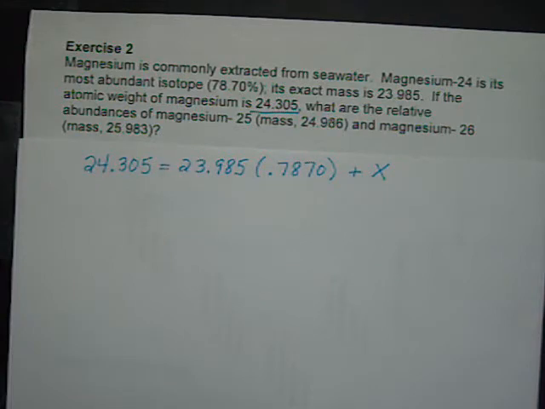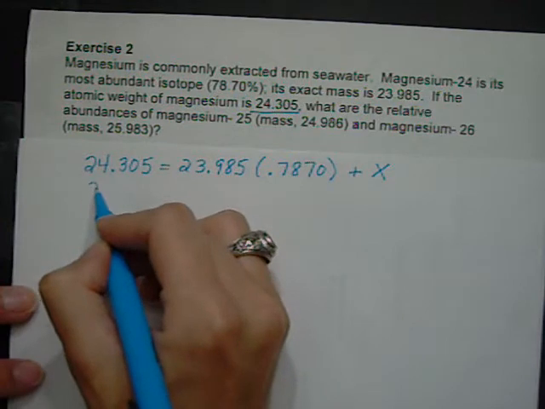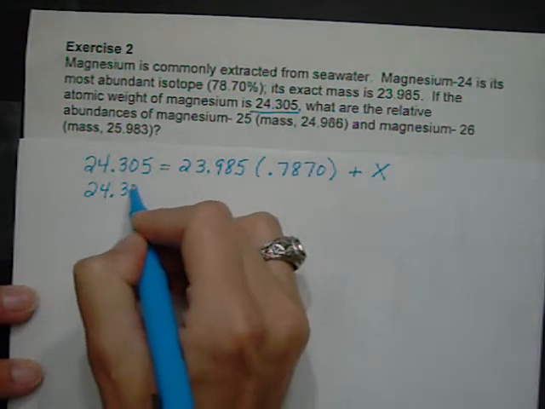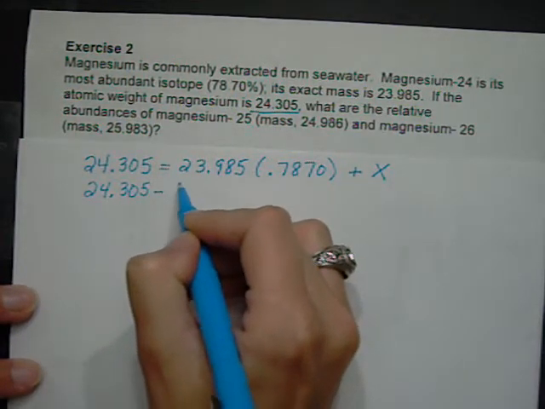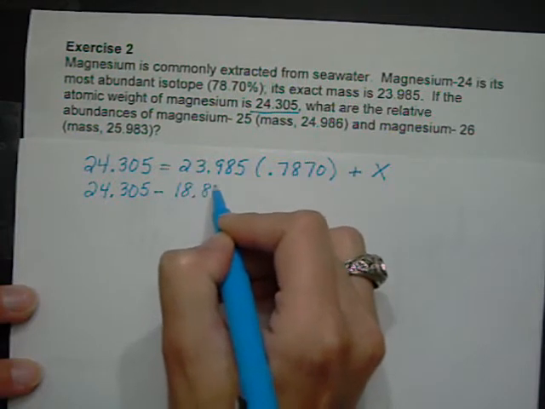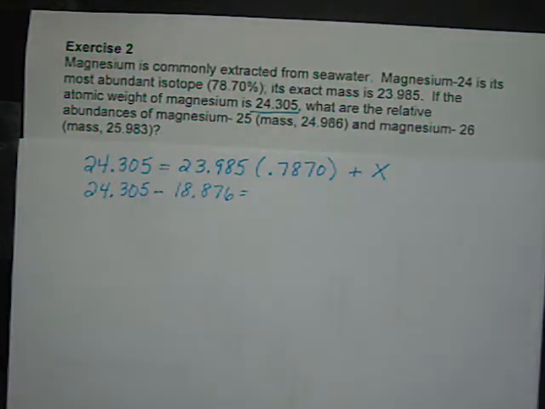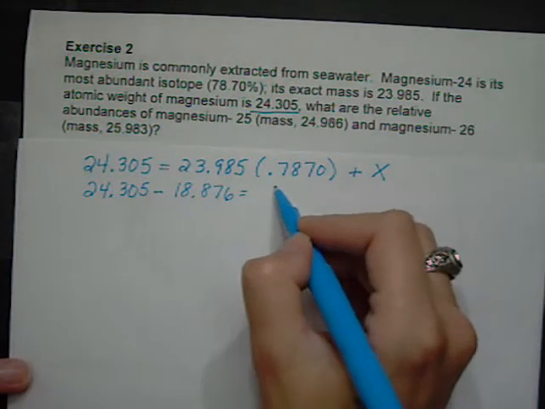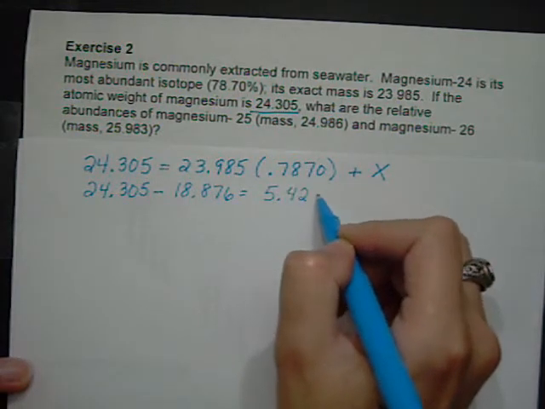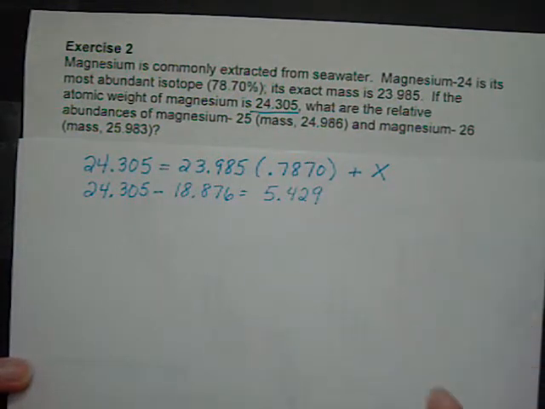I'm going to use my calculator. 23.985 times 0.7870. Then I'm going to subtract those. 24.305 minus 18.876, and I get 5.429 is my remaining mass for the other two isotopes.